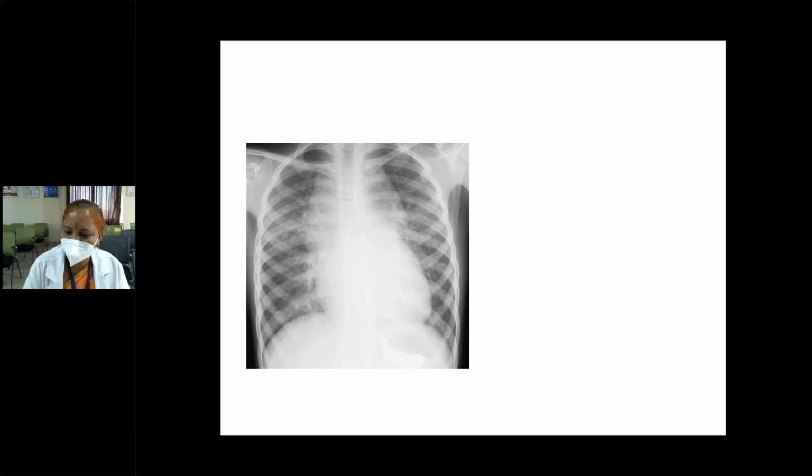Okay, I will describe myself. This is a plain X-ray of the chest and upper part of the abdomen. It's a PA view, well centered, not rotated. Skin and soft tissues are normal. Bony rib cage is normal. Here the upper mediastinum is widened.